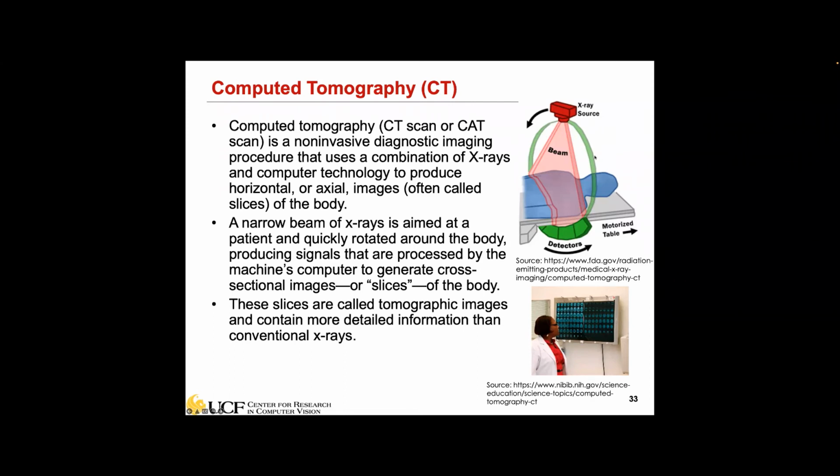The outer X-ray source will rotate and make a lot of scans at different angles. Each scan is called a slice of the body. These slices are called tomography images and contain more detailed information than the conventional X-ray. Basically, it gives you a 3D representation of the human body.